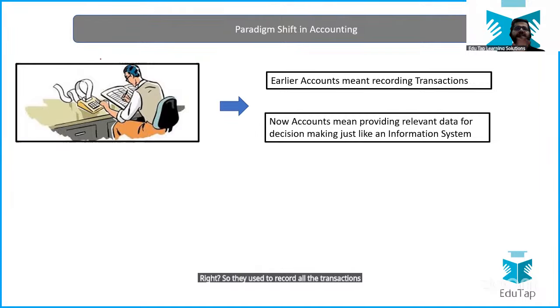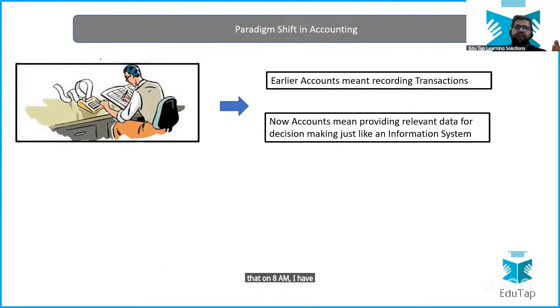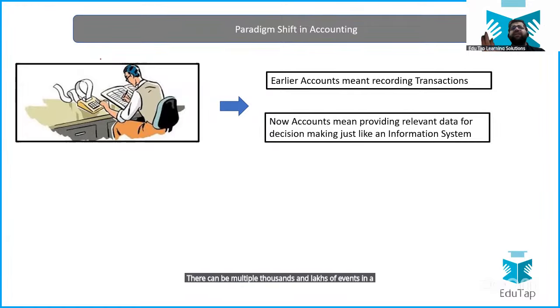It's just a recording that at 8 a.m. I have sold certain goods to Ram. At 9 a.m. I have sold certain goods to Sham. So these are all events of the business. And there can be multiple events, my friends. There can be thousands and lakhs of events in a company like Reliance. Salaries, rent, expenses, and whatnot.